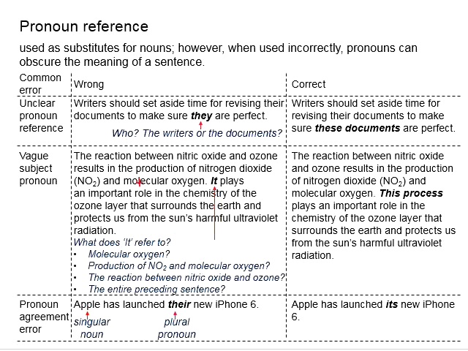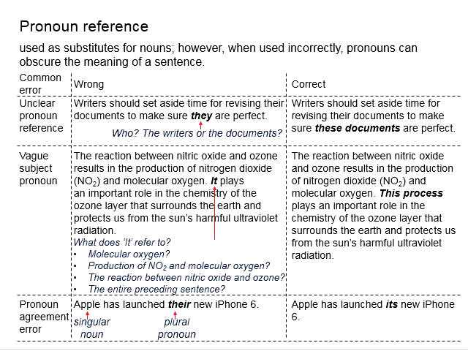Or does it refer to the production of nitrogen dioxide and molecular oxygen? Or is it actually referring to the reactions between nitric oxide and ozone? Or is it referring to the entire preceding sentence? This made the message unclearly delivered to the reader.